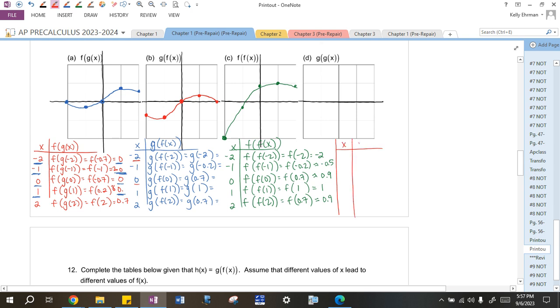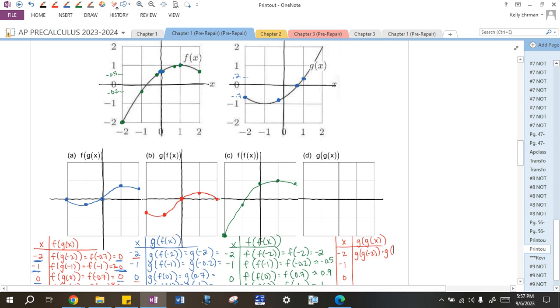Okay, and then this last one, x, when we get g of x, going from -2 to +2. G of -2 is g of what? So for g, get my blue marks off of here.